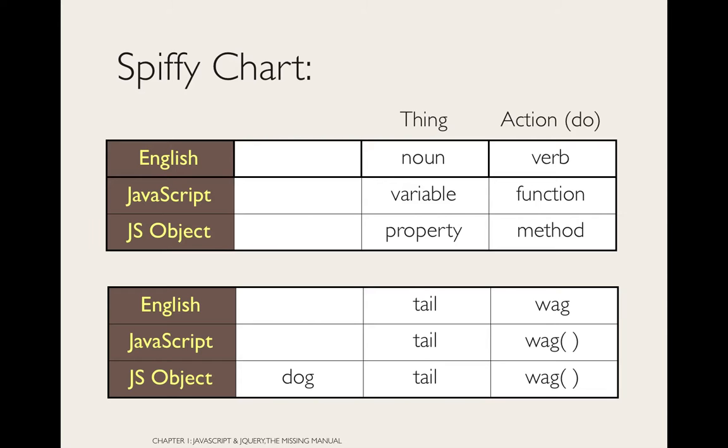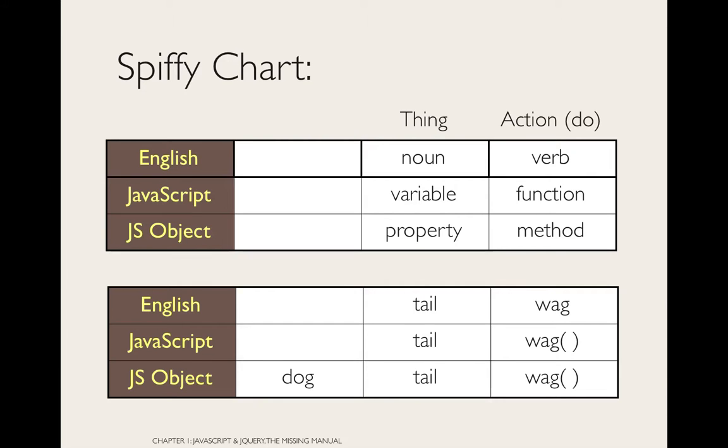So if you look at English, we have nouns and verbs. These are things and they're actions. Actions are like verbs, things are like nouns. In JavaScript, as we've talked about before, things are like variables, they're like nouns, and functions are the equivalent of verbs. And when you attach nouns and verbs to objects, they're just called slightly different things.